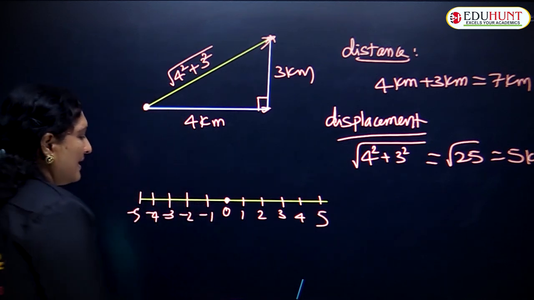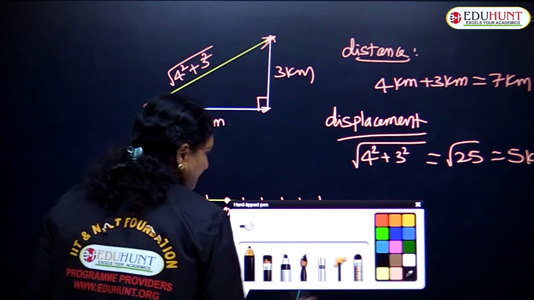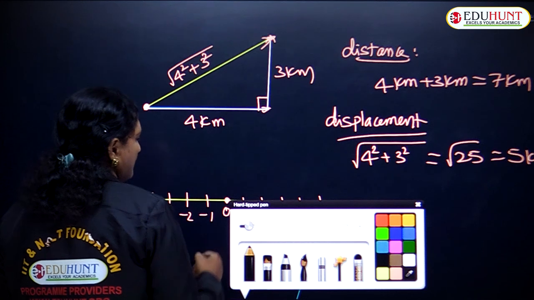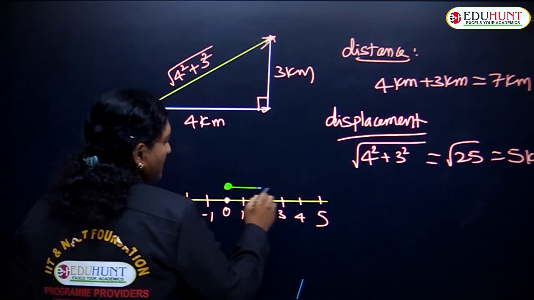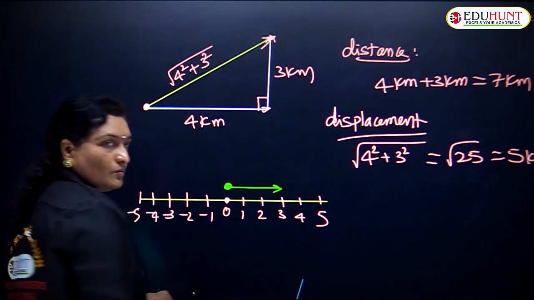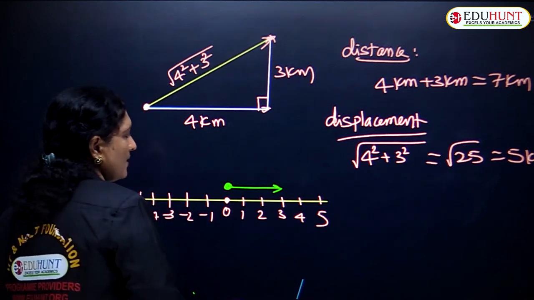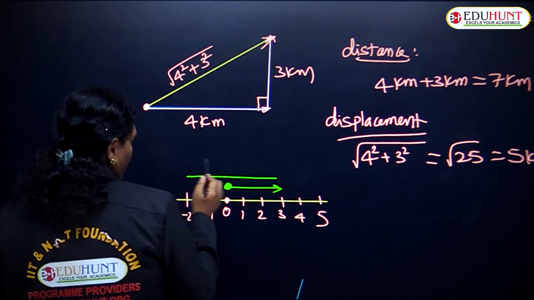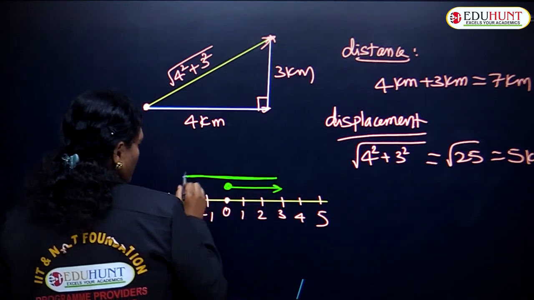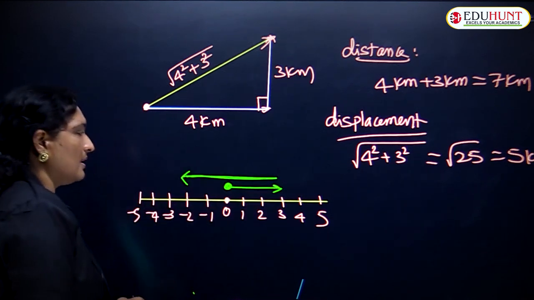Something like that. Let us suppose that a person has covered a distance of 3 kilometers towards east and again has covered 5 kilometers back.